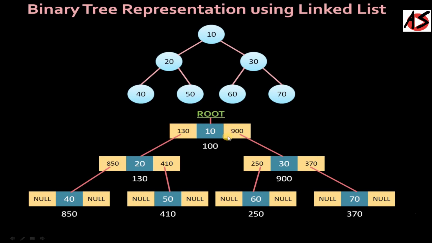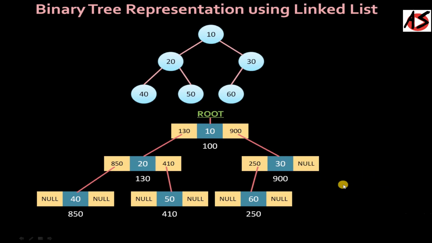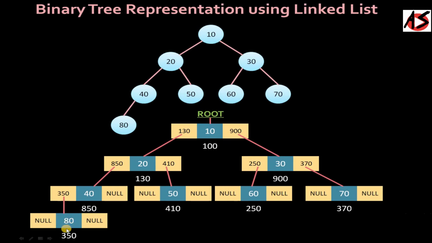Here the advantage of this representation is if you want to delete the node 70, you can release this memory and put null instead of 370 in the parent node. And if you want to add an element, you can easily add it.